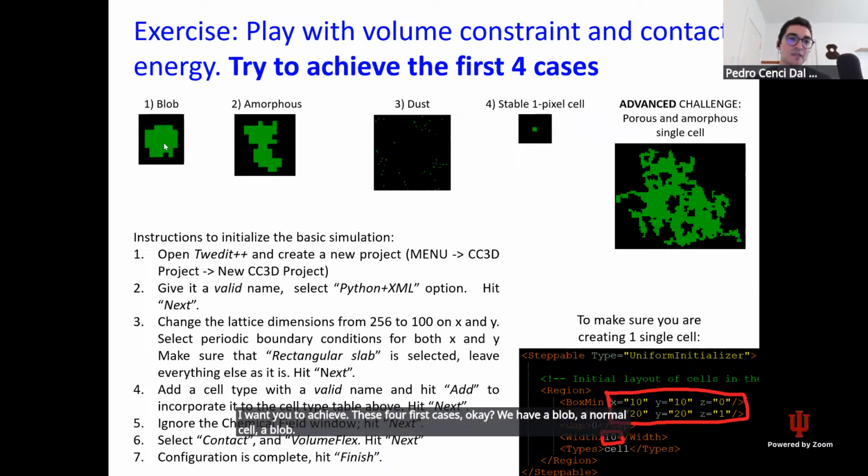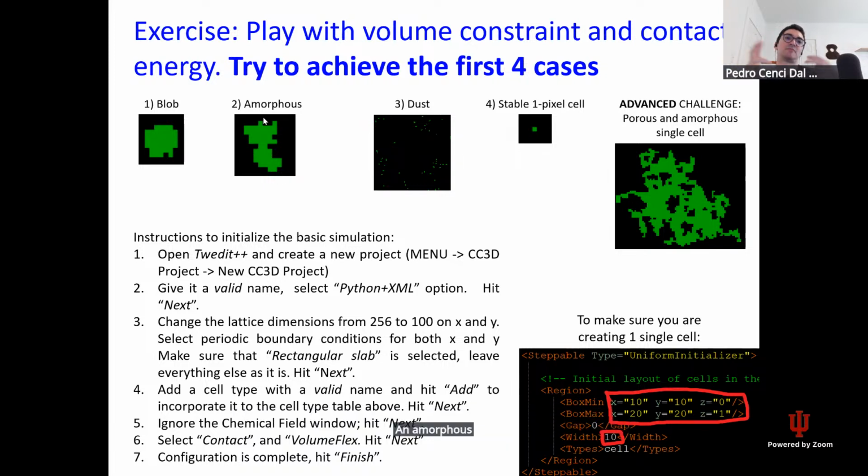Second, an amorphous cell, something that is less blob, more weird, without a shape. Third, dust, where the cell pixels are scattered. And the fourth case, where the cell is a single pixel and this cell doesn't die. It's a single pixel and it's very stable. Single pixel.